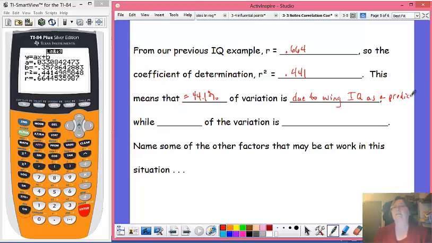But the rest of the variation, so 100% minus that, or 55.9%, is due to other factors, or could just be random chance.